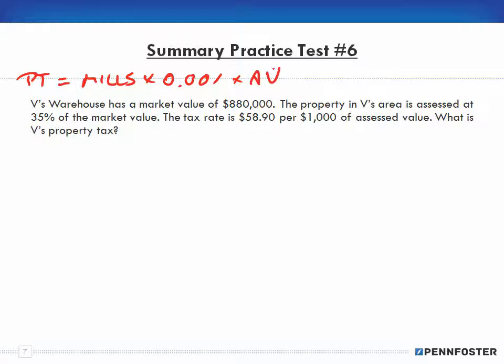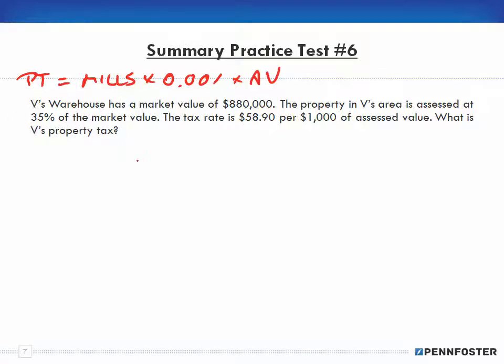Now here's the thing. We can do this two different ways. We could take the mills, let me think about this here.